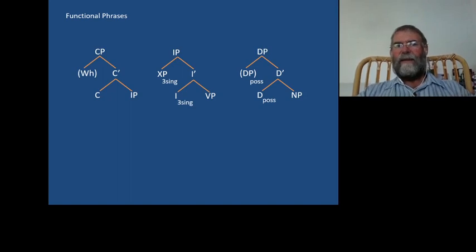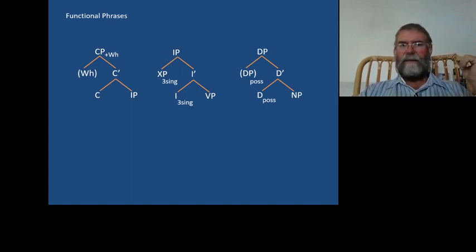Exactly the same thing goes on inside the CP too. How do we know that? Well, when you've got a WH phrase in the specifier of a CP, that clause is going to be interrogative, therefore marked with the feature plus WH. Remember, plus WH is interrogative, minus WH is declarative. So when you've got a WH phrase in the specifier of the CP, the whole clause is plus WH.